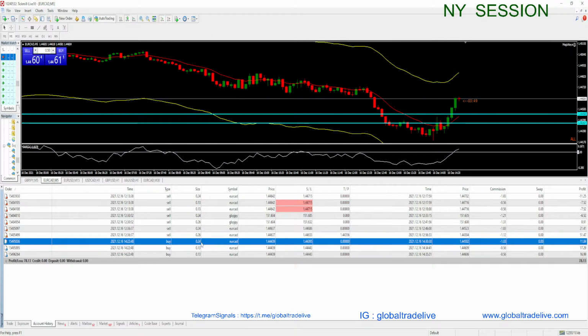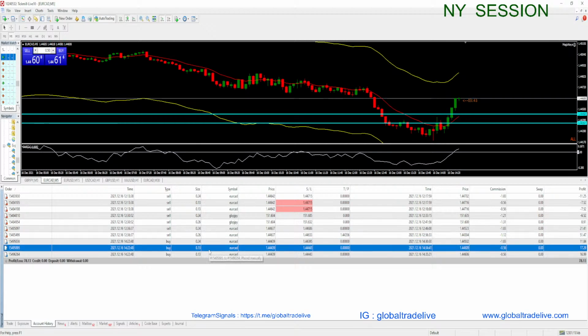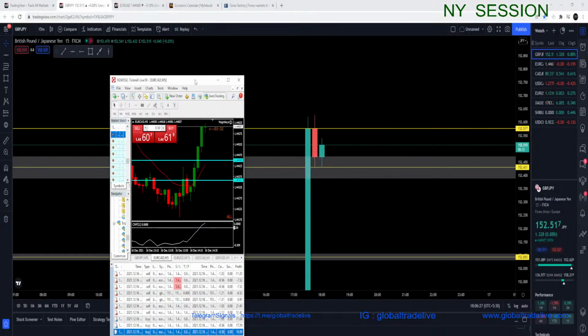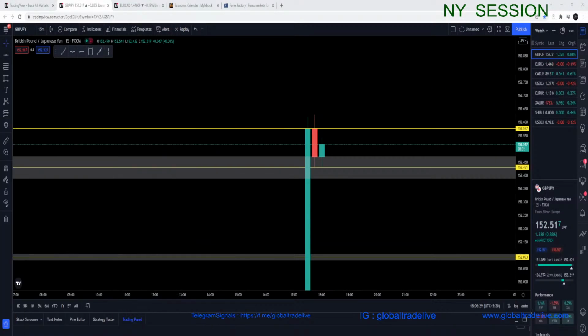So closed 50% at 5.56 pips because of the no wick on the left candle, and later on I closed these two positions at around 15-16 pips. Overall, nice profits for today, and now I'm gonna call it a day.